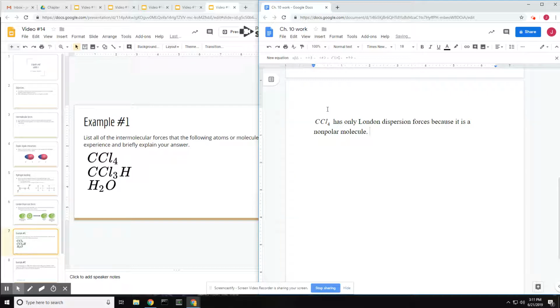So CCl4 is a nonpolar molecule because all of the C-Cl bonds are symmetrically arranged. If you didn't know that off the top of your head, then you may want to draw that out. So its only type of intermolecular force is London dispersion.